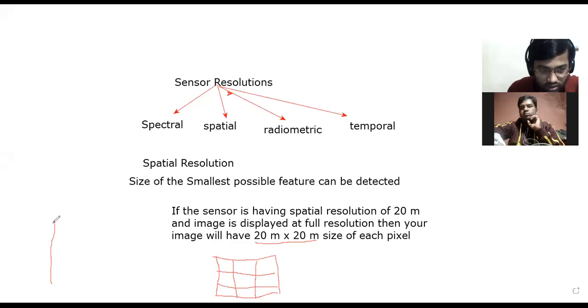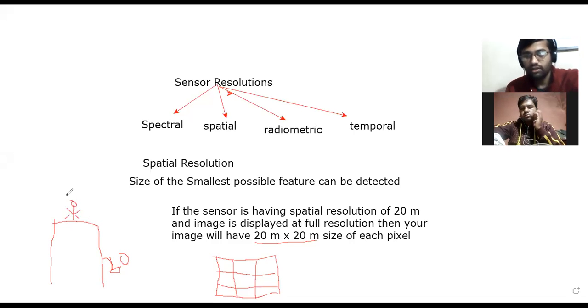Let's say I am having a spatial resolution of 20 meter, and you are standing on a 20-meter tall building. With the help of the satellite, I can clearly watch and monitor you, because my spatial resolution is 20 meter.